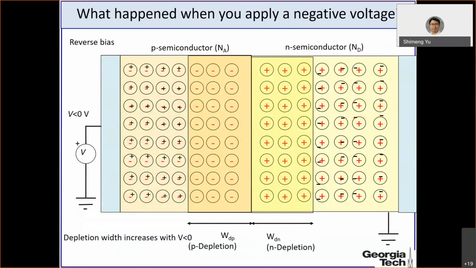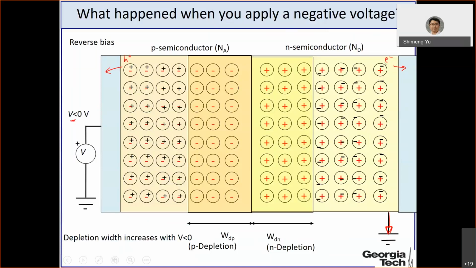So what will happen if you apply negative voltage? From the bond model point of view, if you look at this, you apply negative voltage here. Negative voltage tends to pull out the holes, right? If you have a negative voltage here, the holes tend to move to the lower potential, and then electrons here tend to move to the higher potential. So this is ground, but relatively speaking, this ground is higher potential than the negative voltage.